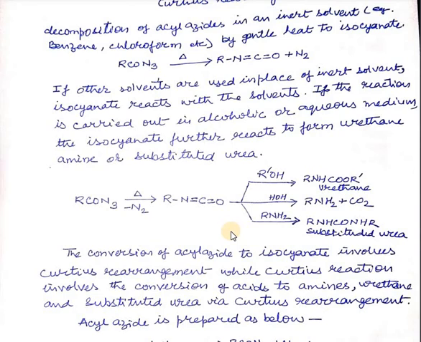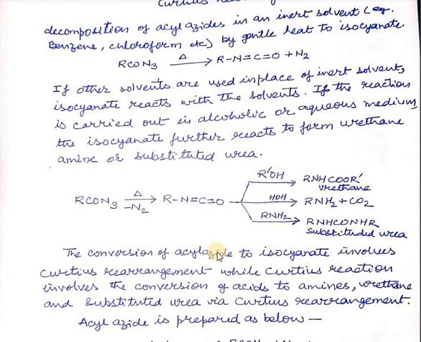And if this reaction is carried out in amine, then substituted urea RNHCONHR is obtained. So this is the difference. If this reaction is carried out in some inert solvent, then the product will be this isocyanate. And if some reactive solvent has been used, then some other product like urethane, substituted urea or amine is obtained.